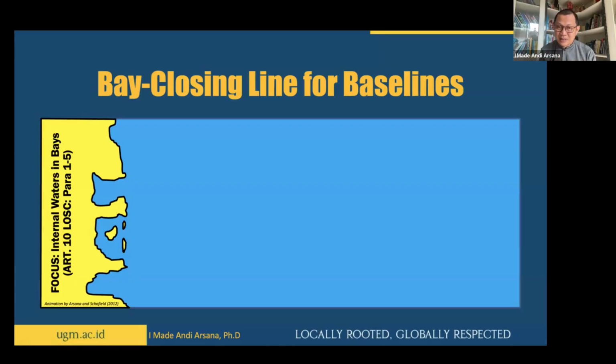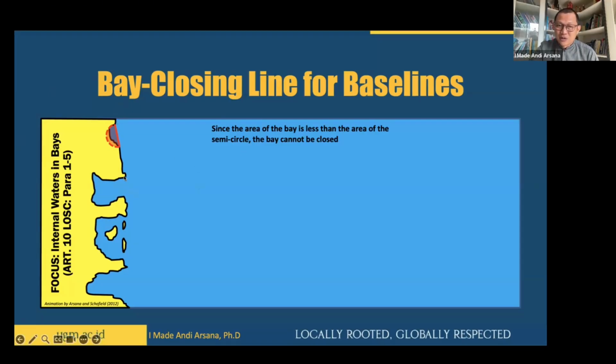Mana yang teluk yuridis di sini? Yang bisa ditutup dengan garis penutup teluk. Imagine this one. Do you think this is okay? Let us check. The answer is no, because the semicircle of the bay is actually larger than the bay. So you cannot really close this.